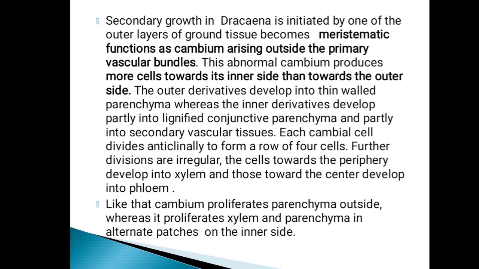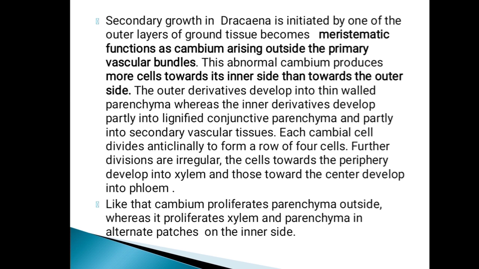But what happens here is the initiation of the secondary growth begins in one of the layers, that is, the outer layer of the ground tissue. It becomes meristematic and functions as cambium, arising outside the primary vascular bundles. This abnormal cambium produces more cells towards the inner side than towards the outer side. The outer derivatives develop into thin-walled parenchyma, whereas inner derivatives develop partly into lignified conjunctive parenchyma and partly into secondary vascular tissues.